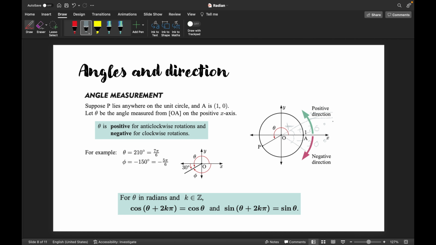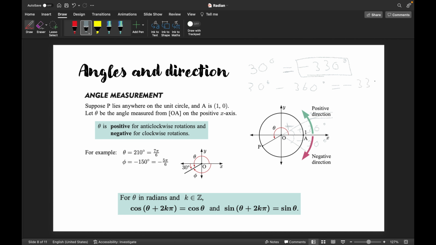And also, since this is a periodic cycle, if this is the angle, then this is also equal to negative 330 degrees. This may seem very confusing, but you just need to believe it. The way we derive this is pretty simple. We just have to subtract 360 from it.